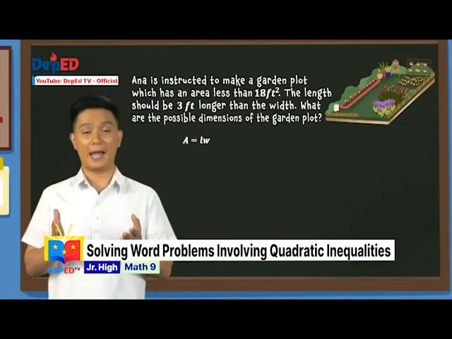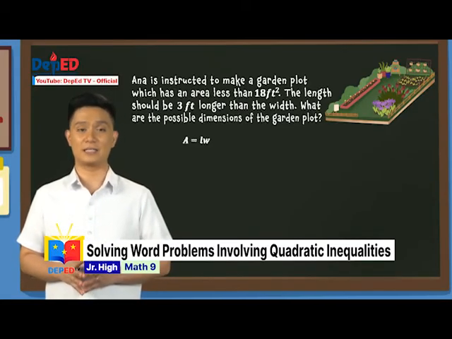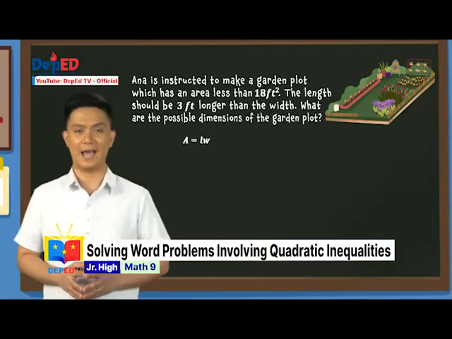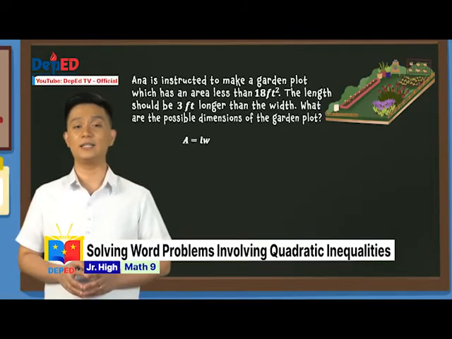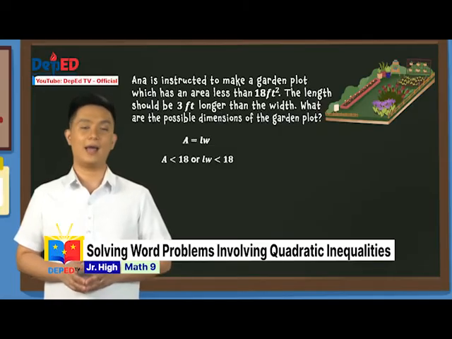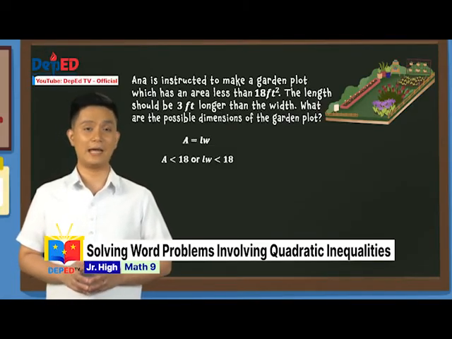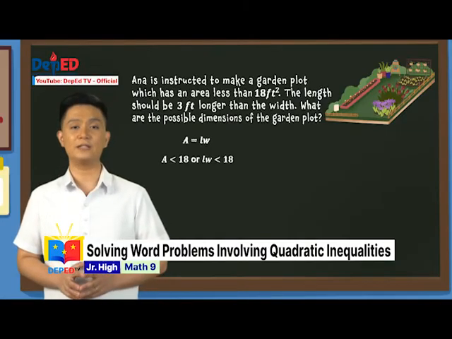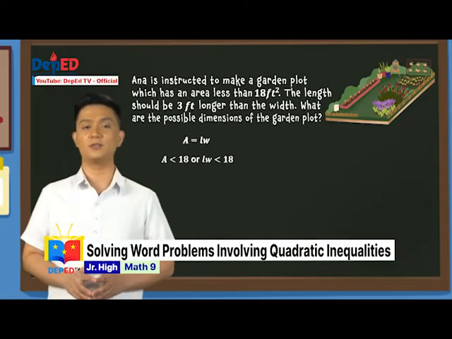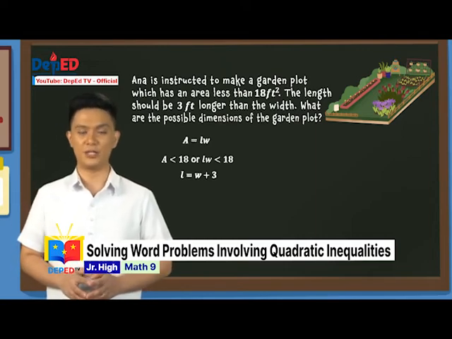Recall that the area of a rectangle is obtained by getting the product of its length and its width. Hence, we have the inequality A is less than 18 or L times W is less than 18. The length L must be 3 feet longer than the width W. So, L must be equal to W plus 3.